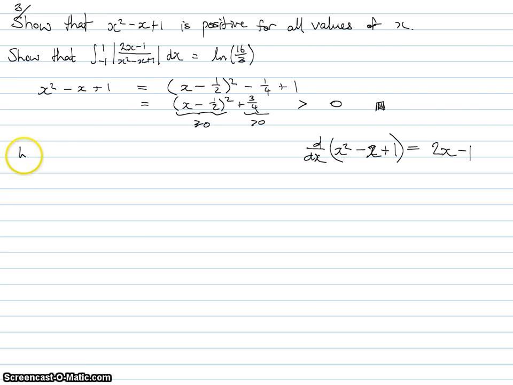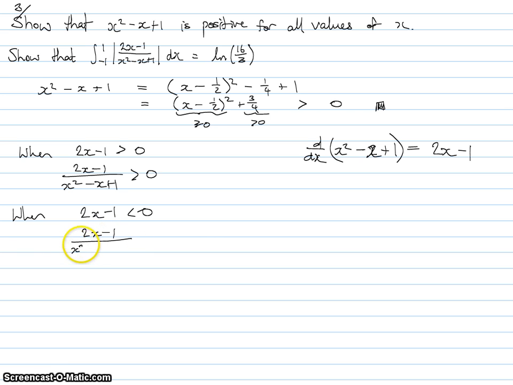So, when 2x minus 1 is bigger than 0, that means that (2x minus 1) over (x squared minus x plus 1) is going to be bigger than 0. And when 2x minus 1 is less than 0, that means that (2x minus 1) over (x squared minus x plus 1) is also going to be less than 0.